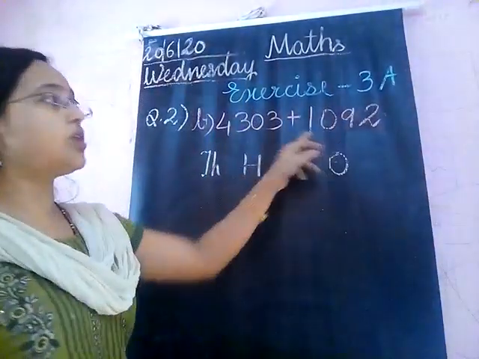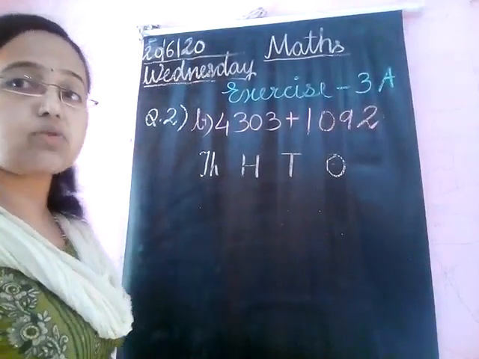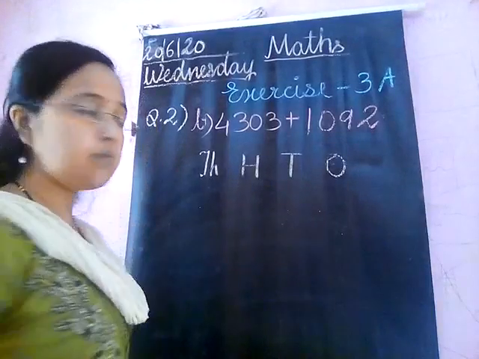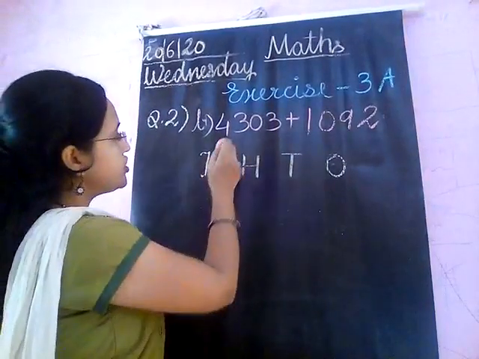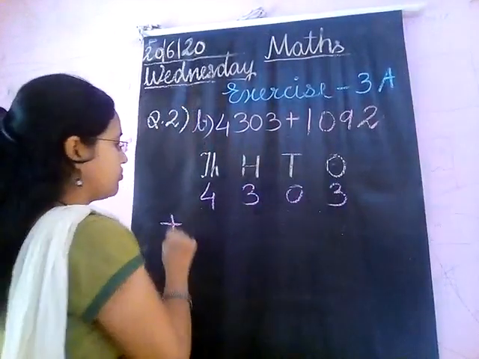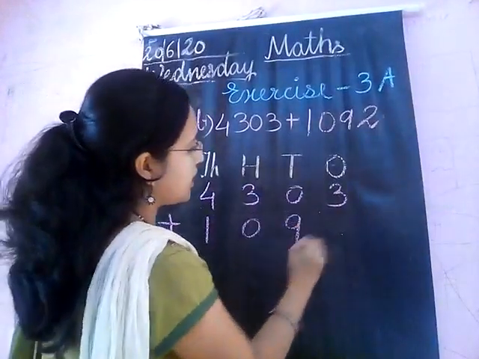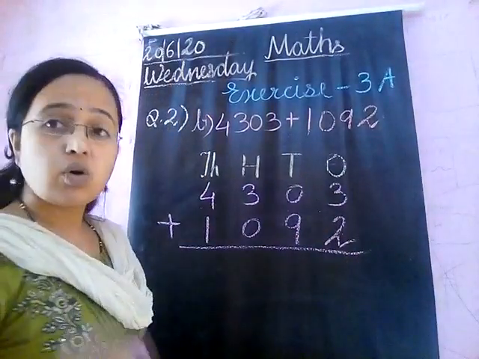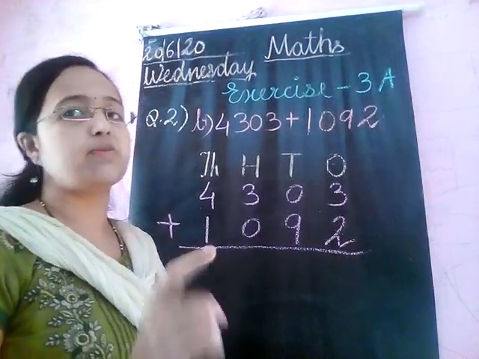Okay, these two numbers we are going to add now. So first of all we will arrange these two numbers in the columns. Okay, so let us arrange 4303 plus 1092. Okay, so let us add. Always start from ones place.